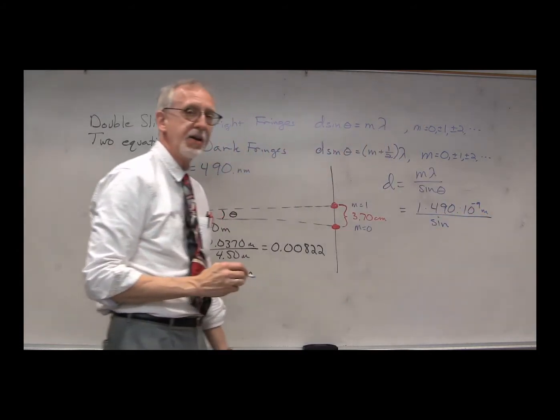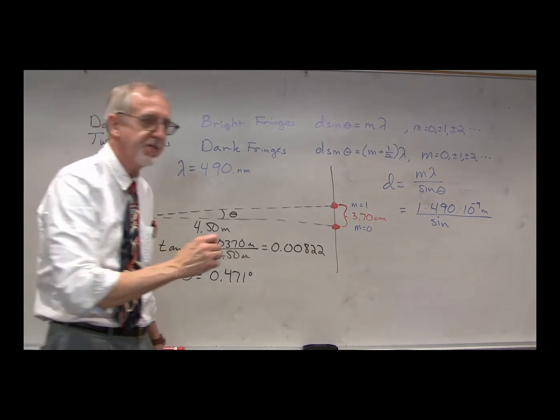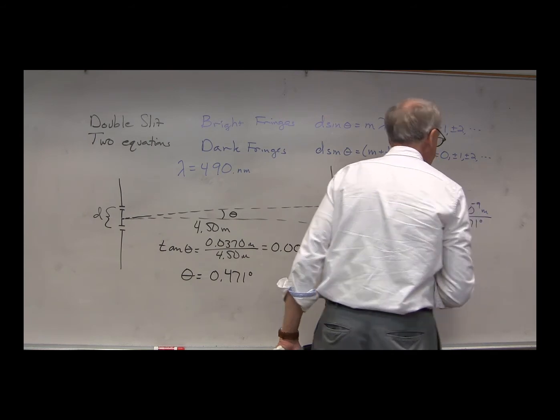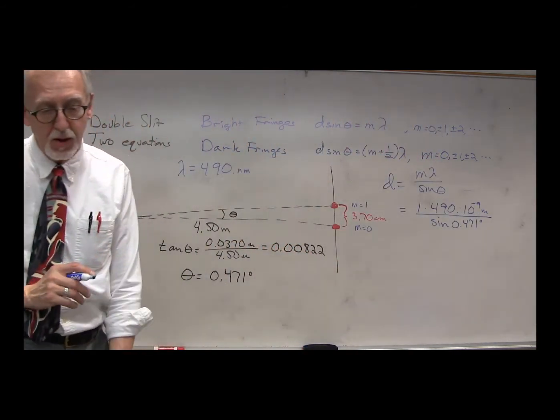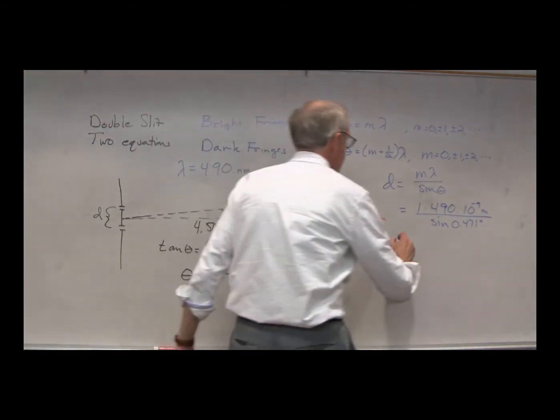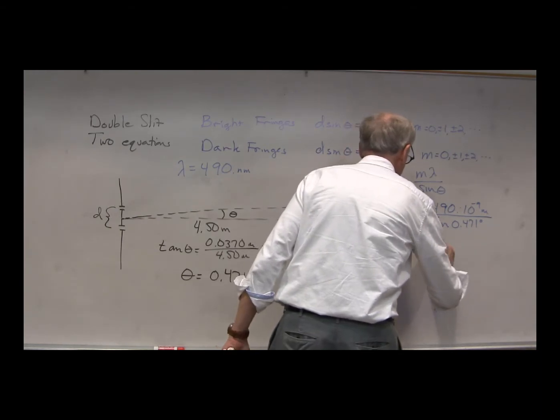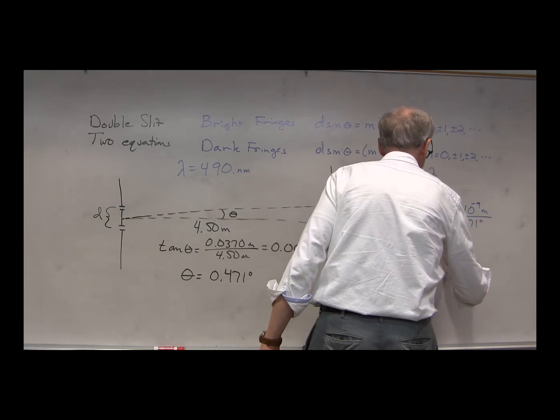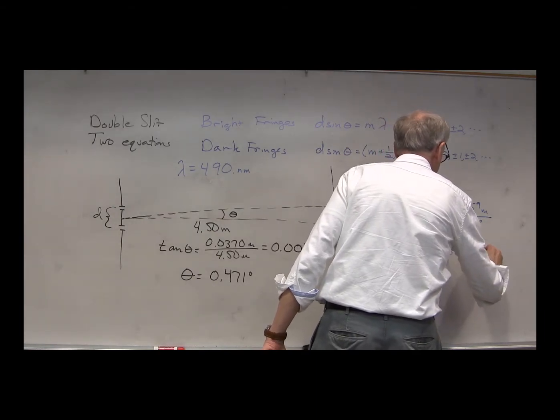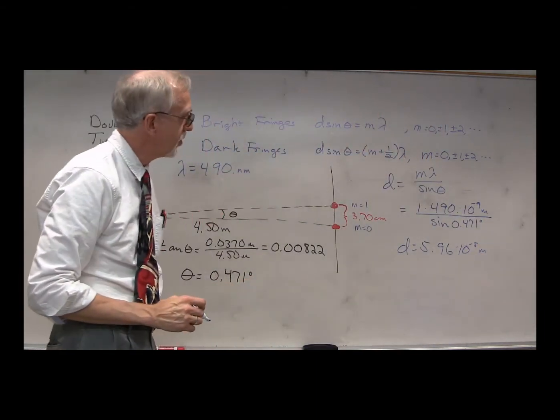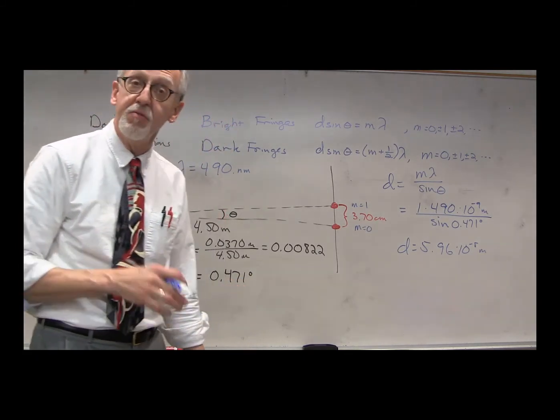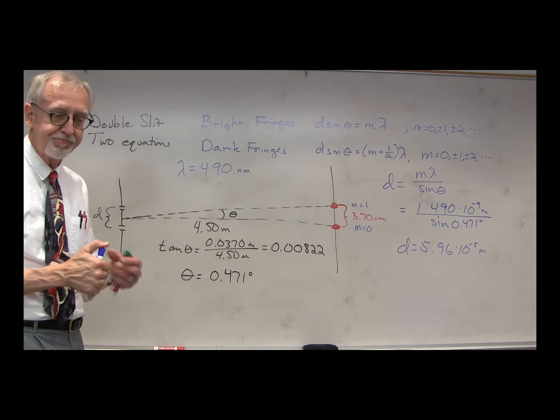Divided by sine theta, and theta we calculated to be 0.471 degrees. Multiply that out, and we find that d is equal to 5.96 times 10 to the minus 5. In other words, around 60 microns. Okay, very good. Excellent.